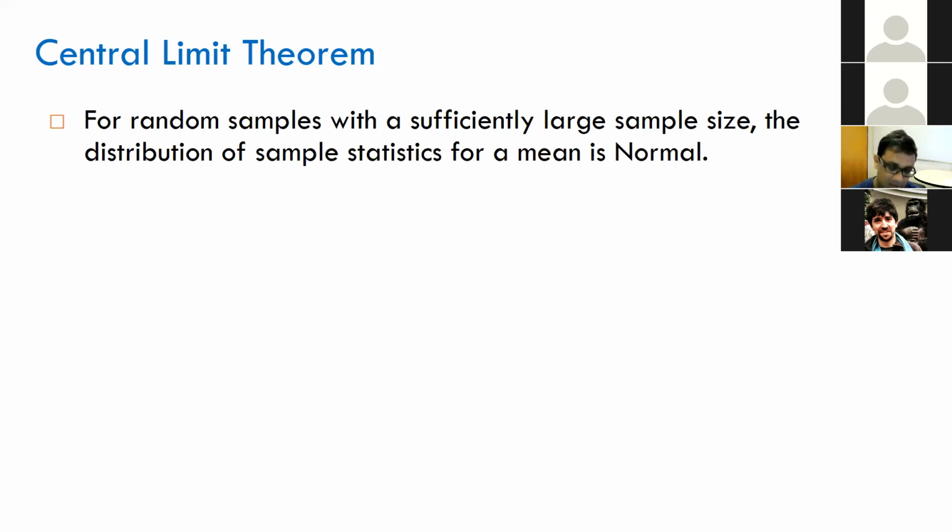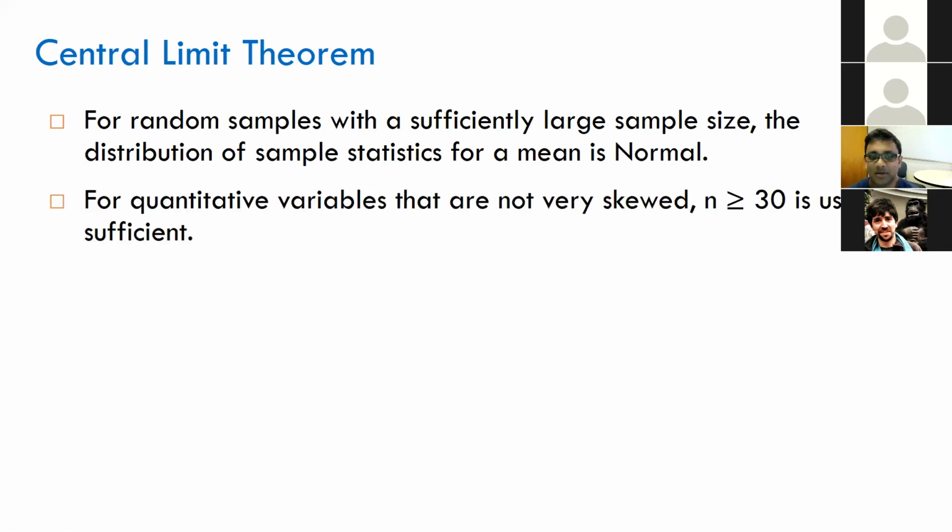Like I said before, if your sample size is larger, you get the normally distributed, bell-shaped sample result data. But if you have a lower sample size, you may not get the normal distribution. So that's how the central limit theorem comes in.